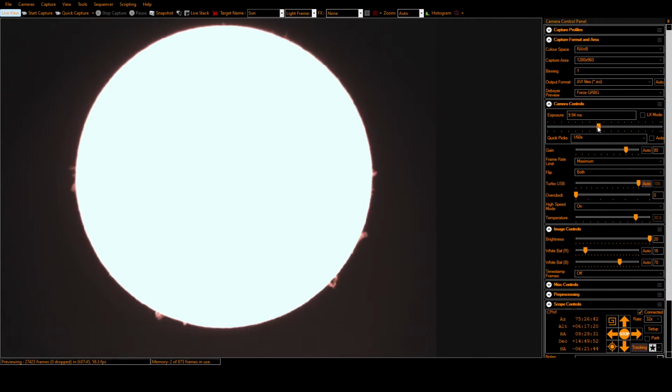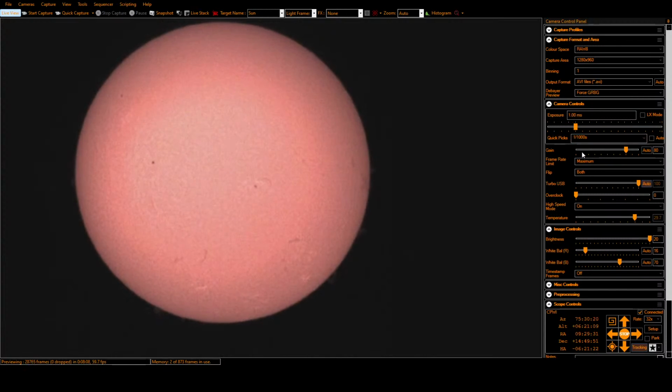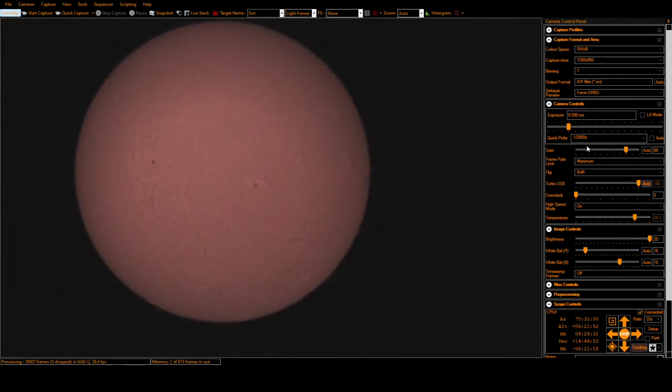This is around 1/60th of a second, whereas this one is closer to 0.67 milliseconds, so that put me quite a bit darker. Yeah, at around 1/1000th of a second to 1/2000th, yeah, 1/1500th of a second.